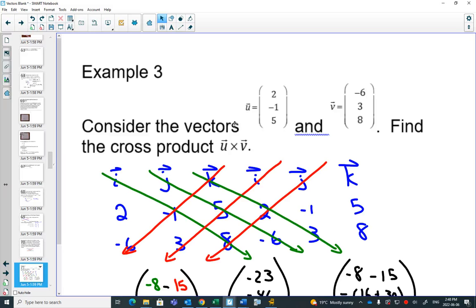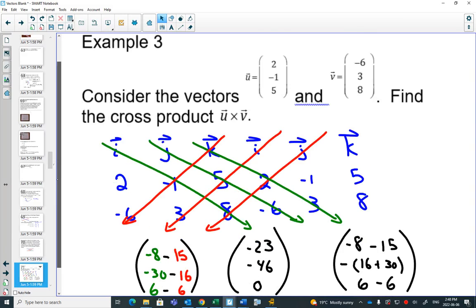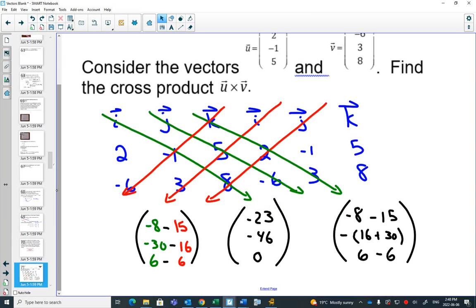The second one, using the arrows, will always work out that it's green minus red. It's always green minus red. And in order to do the second one with the j, you just have to find a j where you can write the diagonal positive.